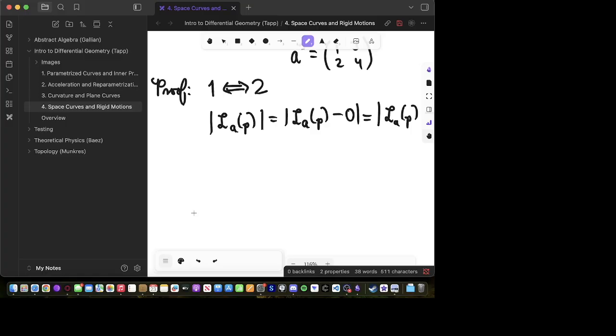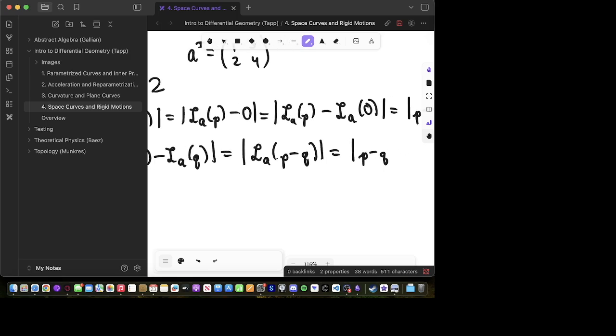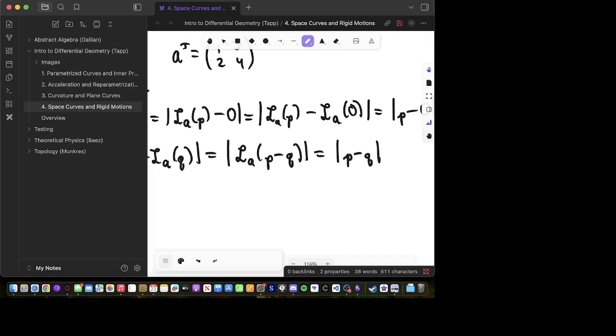Conversely, we have that, and because A is a matrix and therefore the rigid motion is linear, we can do that, and we already know from the definition of an orthogonal matrix that that is equal to that.